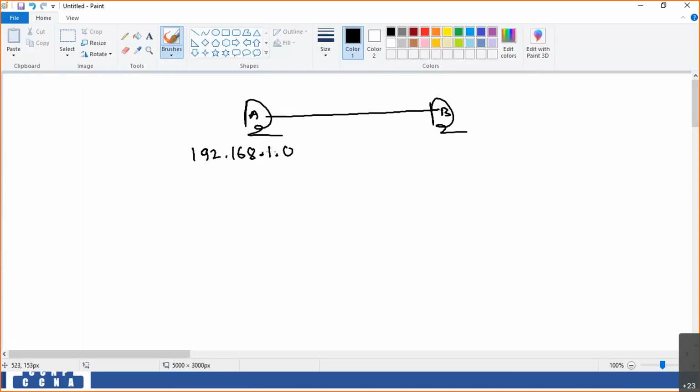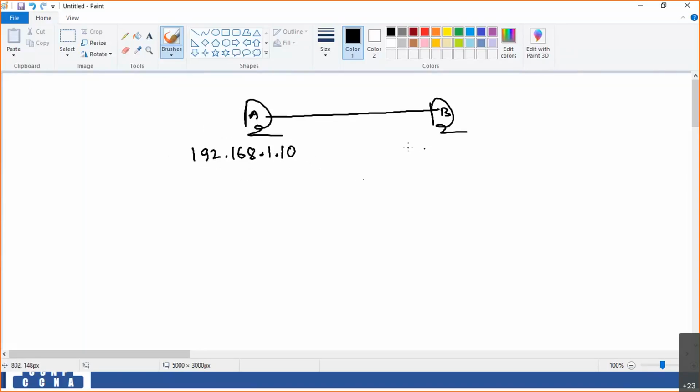Can I assign it to a computer? No, it's a network ID. We cannot use it, right? So can I use 192.168.1.10? Yes.